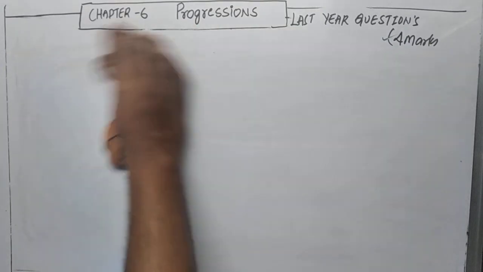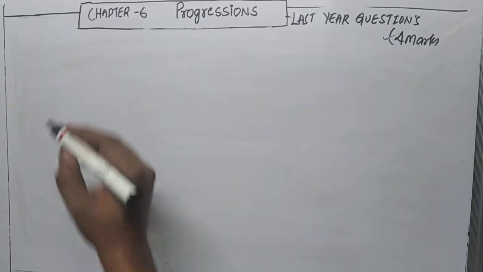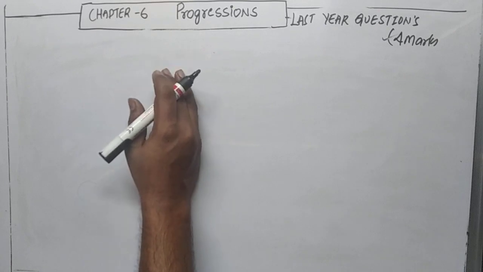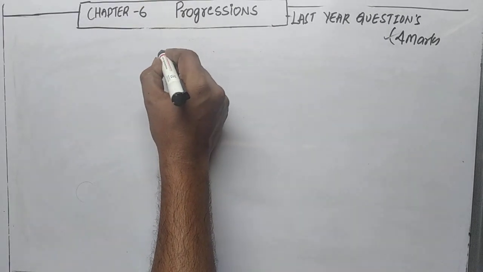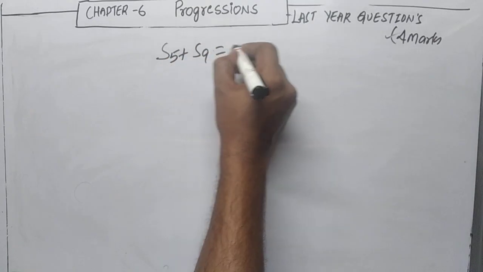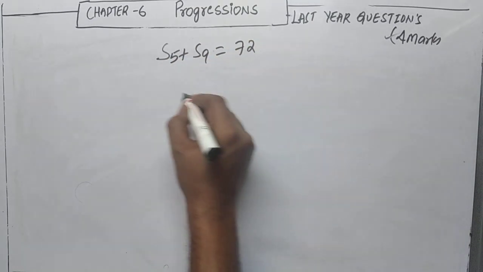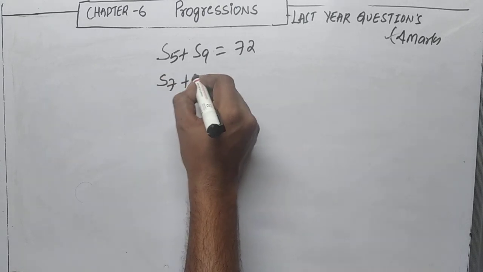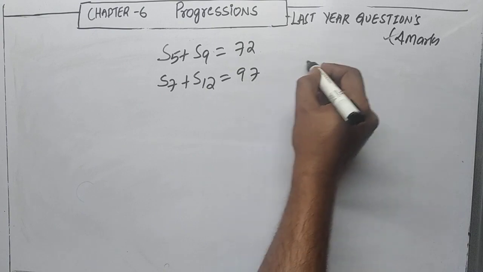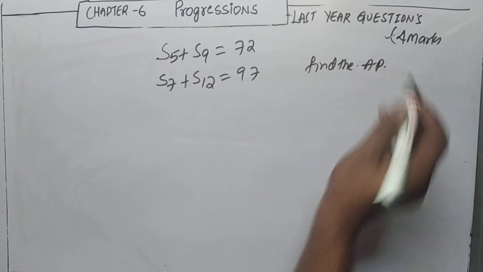Okay, this is what they asked last year. So he's saying that the sum of the 5th term and the 9th term of the AP is 72, and the sum of the 7th term and the 12th term is 97. He's asking to find the AP. So we have to find an arithmetic progression.